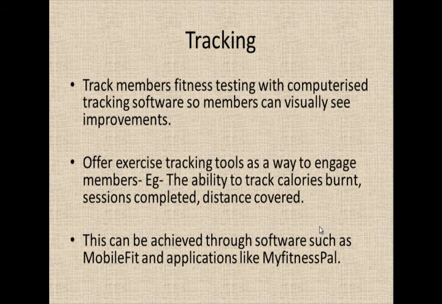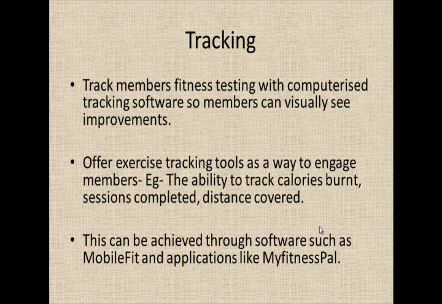The first is tracking. So we've found that members who track their exercise get a sense of mastery when they see improvements. So consider tracking members' fitness testing with computerized tracking software so members can visually see improvements. Also, offer an exercise tracking tool as a way to engage members.